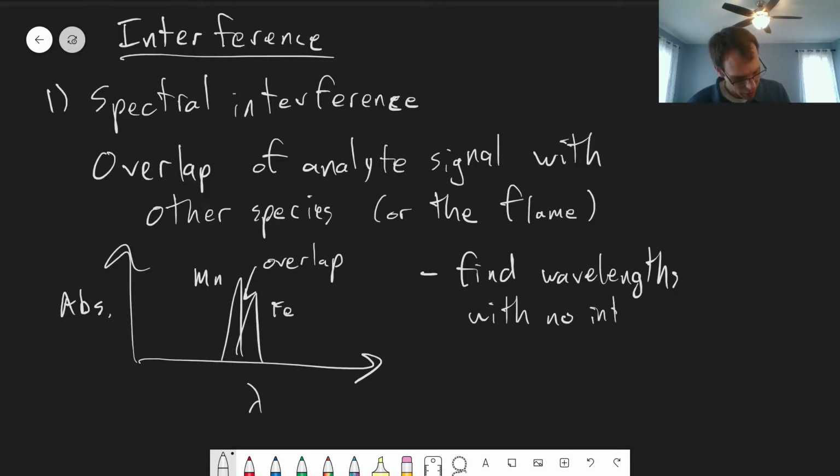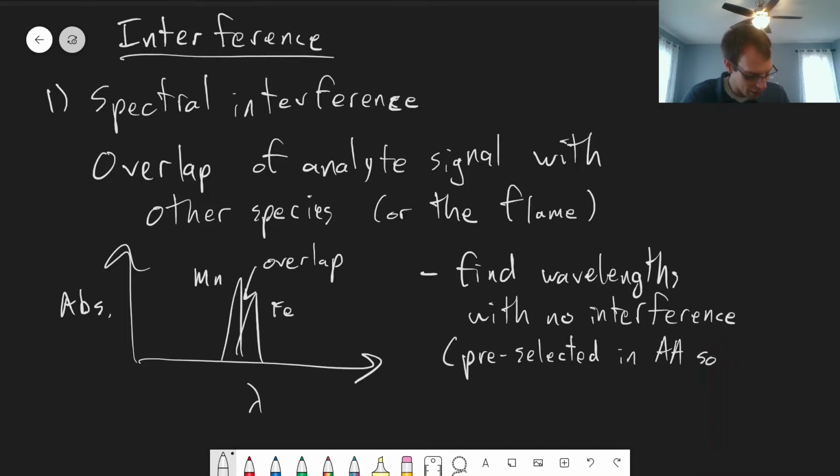And because you're using a hollow cathode lamp, you can produce light at whatever wavelength you choose, right? So that'll work. And these are often pre-selected, right? These have been analyzed in advance, so these are often pre-selected in the atomic absorption software. So you can select the particular wavelength that you want.